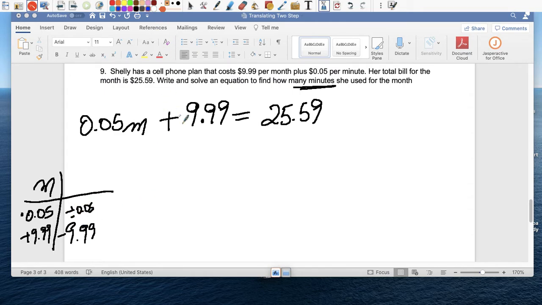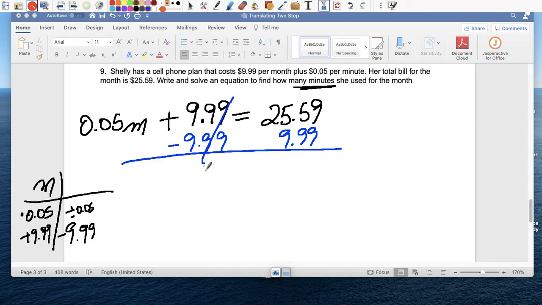Let's do that. So minus 9.99 on this side and this side as well. This goes away. We get 15.6. Sorry, I forgot the m here. Now, we divide this by 0.05.